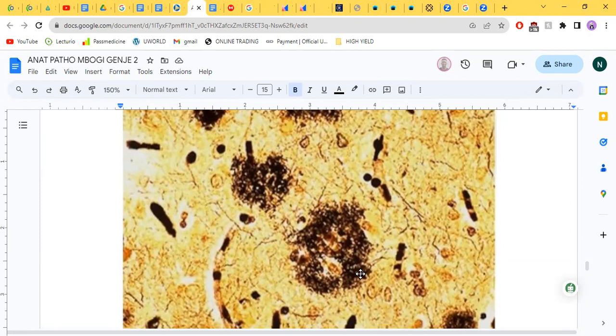And NFTs. So the tangles. These tangles are made of what? Beta amyloid deposit. That's correct.